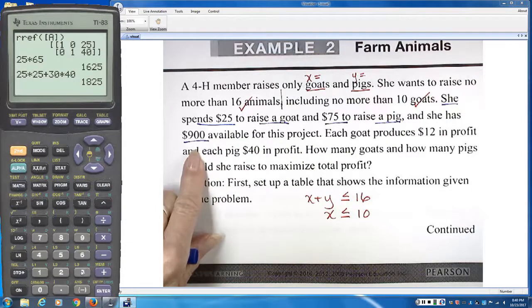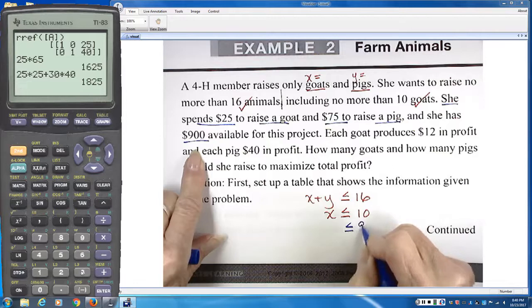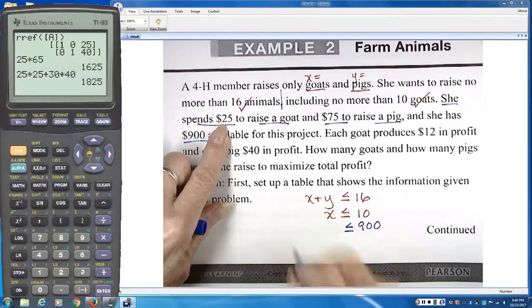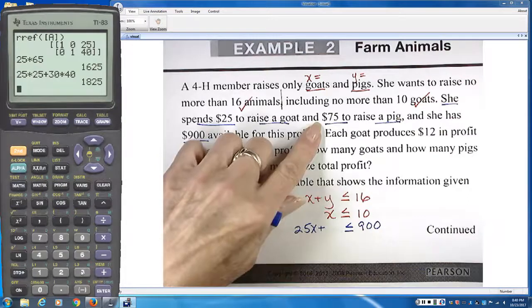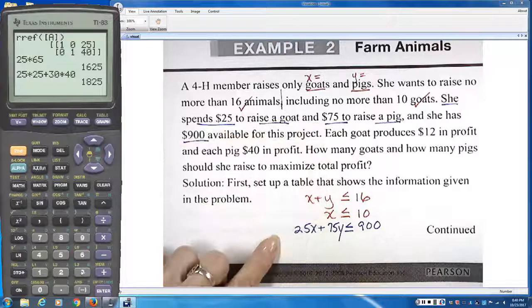What does that tell you? Okay, she has to spend equal to or less than $900. So it costs her $25 per goat, 25x, plus 75y, because it costs 75 to raise pigs.